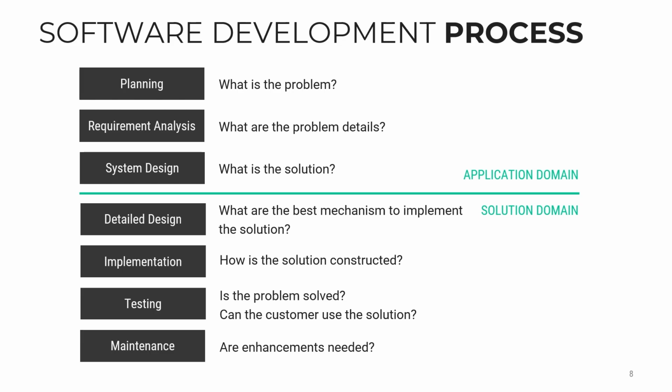But what is the application domain? The application domain refers to the problem itself. This is where you are trying to describe the problem. To be more specific, the term application domain refers to a specific area or field in which the software application operates or is designed to address.